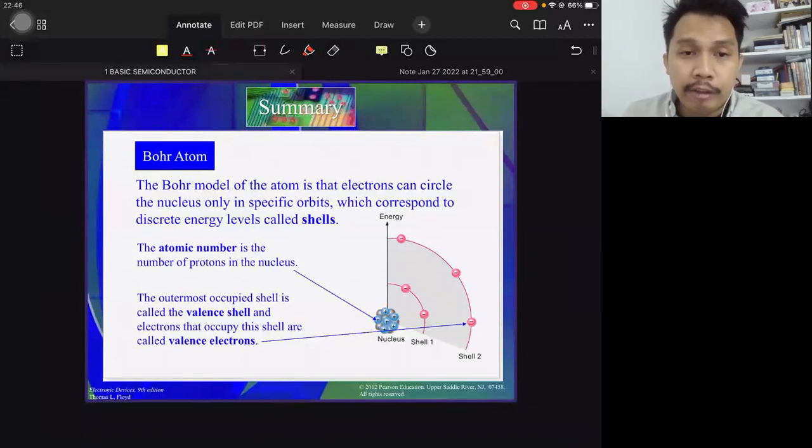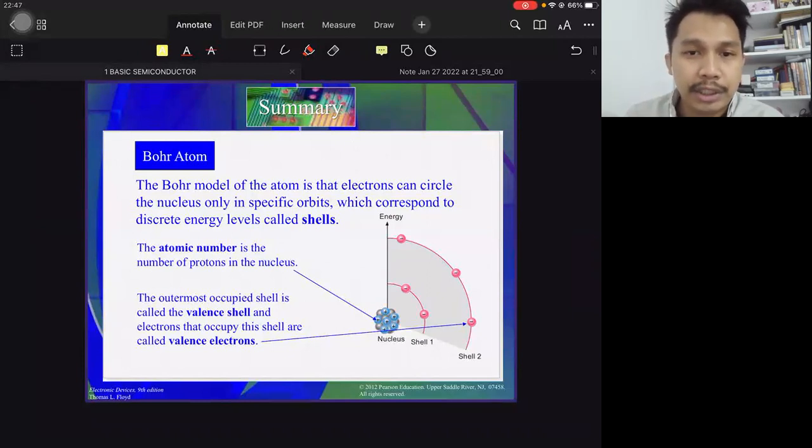Electrons that are in orbit farther from the nucleus have a higher energy and are less tightly bound to the atom than those closer to the nucleus. This is because the forces of attraction between the positively charged nucleus and the negatively charged electrons decreases with increasing distance from the nucleus.